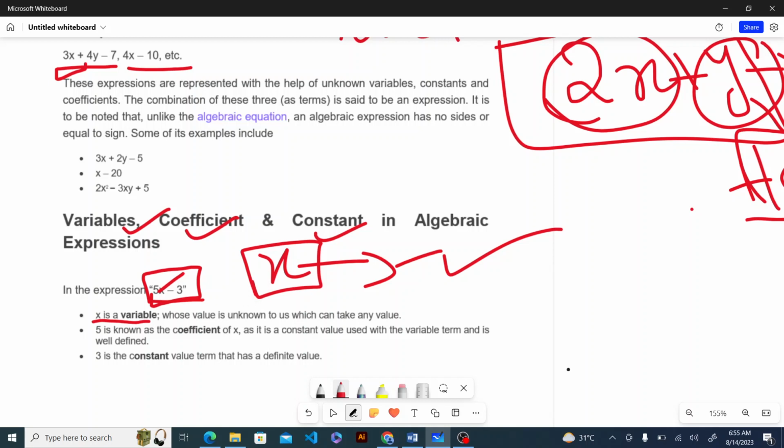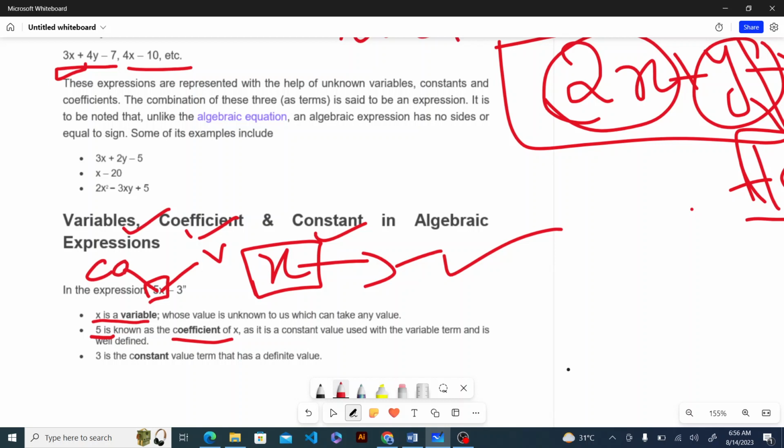Then 5, which is with x. This 5 is written with x, so it is the coefficient of x, as it is a constant value used with a variable term and is well defined. So here we know what is 5 and what is x in it. x is variable, and 5 is coefficient.